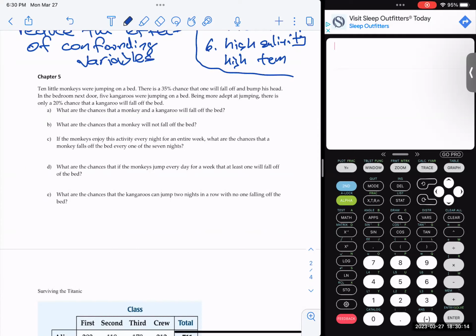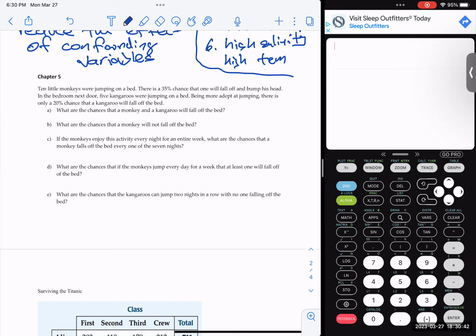So, chapter 5 is all about probability. And there are some things to learn and understand there. And one is the word independent. Are these events independent is a very important question for us to be able to answer. If the monkeys and kangaroos are in different rooms, whatever the monkeys are doing is largely independent of what the kangaroos are doing, right?